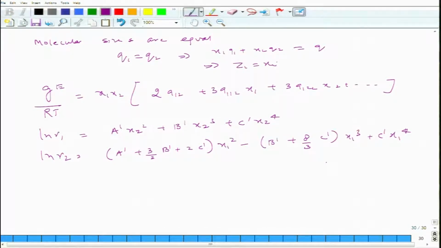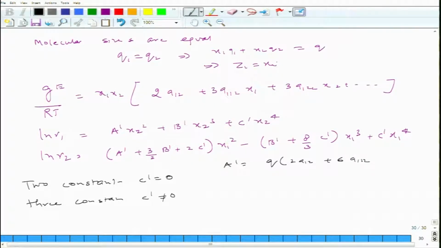From here, we should be able to get the Margules equation of 2 constant and 3 constant. For 2 constant, C dash is equal to 0. For 3 constants, C dash is not equal to 0. Where the A's and B's are connected to, for example, A dash is nothing but q 2A12 plus 6A112 and so forth.